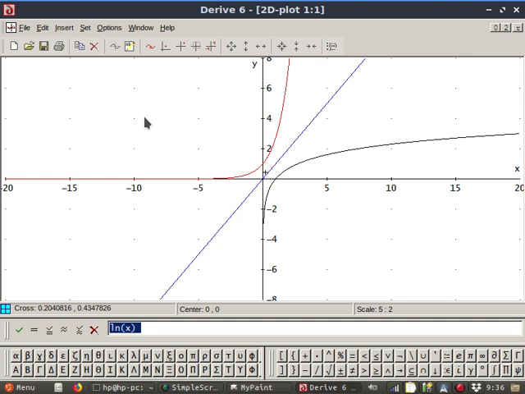V, W, X, and then, ooh, all of question 3.